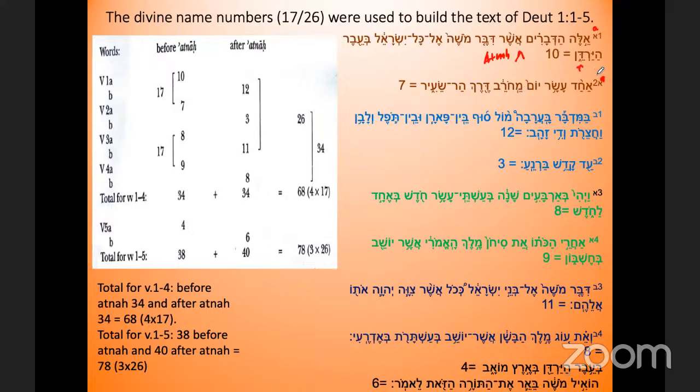And then in verse 2a, there are 7. We end up with 17. And we don't always end up with these divine name numbers in every verse. But here we do, we have 17, okay? Then after Atna, so this is before. And this one is after.